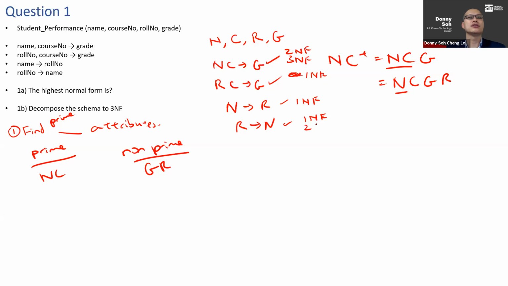It also passes 2NF. It also passes 3NF. So this is a prime dependent on the non-prime. So this will go all the way to 3NF, but not to BCNF. Okay. So actually in this scenario, this is only at 1NF.